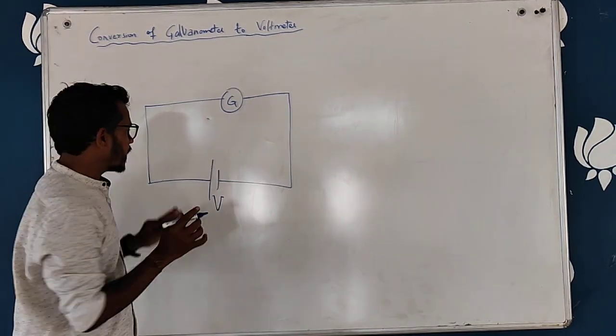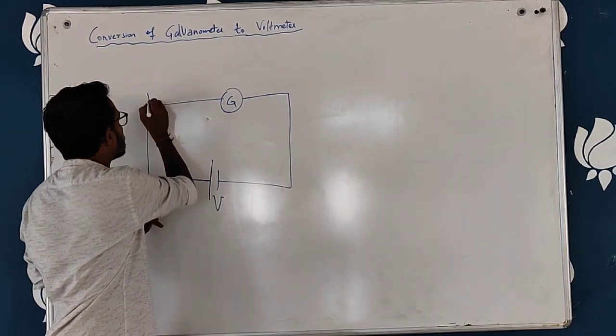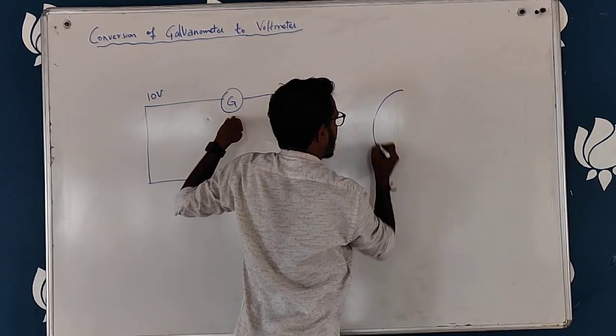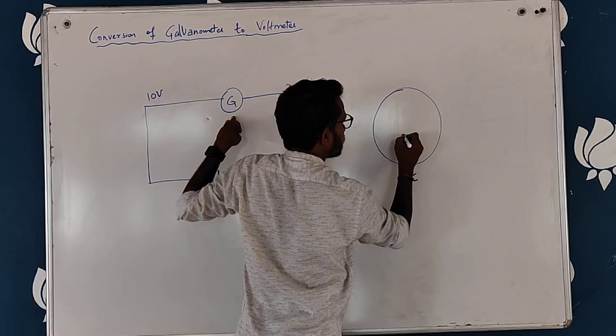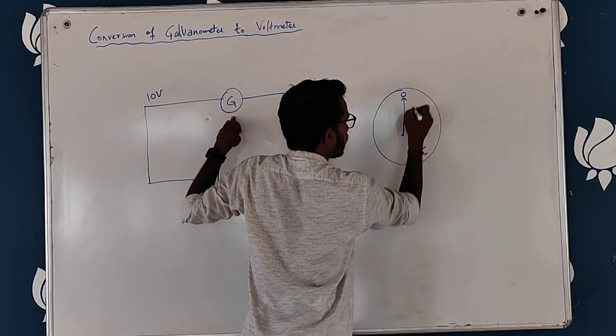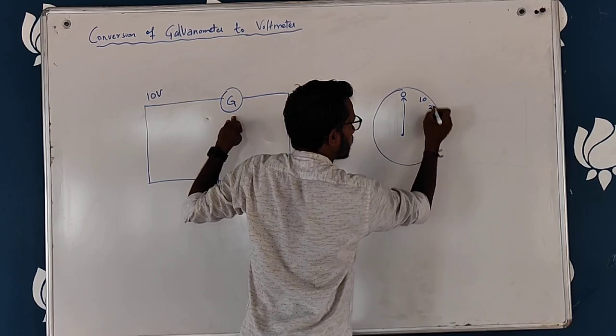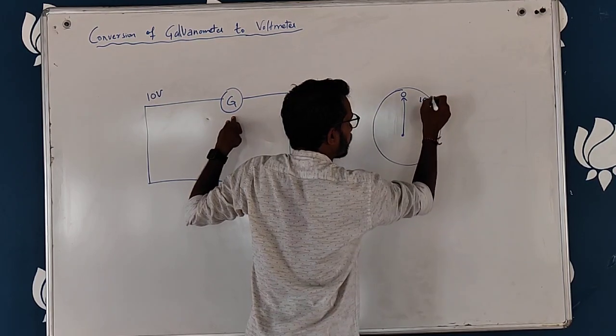Suppose I have supplied 10 volt, my galvanometer's range of deflection is like this. This is 0, and this is 10, 20 and 30. These are all microampere.